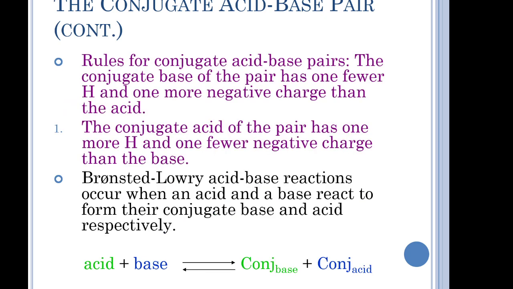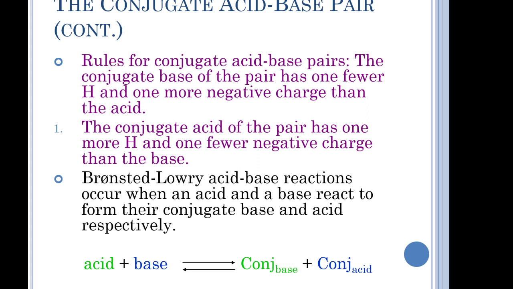So, how do I figure out what my conjugate acid and base are? Okay, so here you go. The conjugate base of an acid has one less hydrogen and one more negative charge. Or, if you want to stick with positives, the conjugate base of an acid has one less hydrogen and one less positive charge.